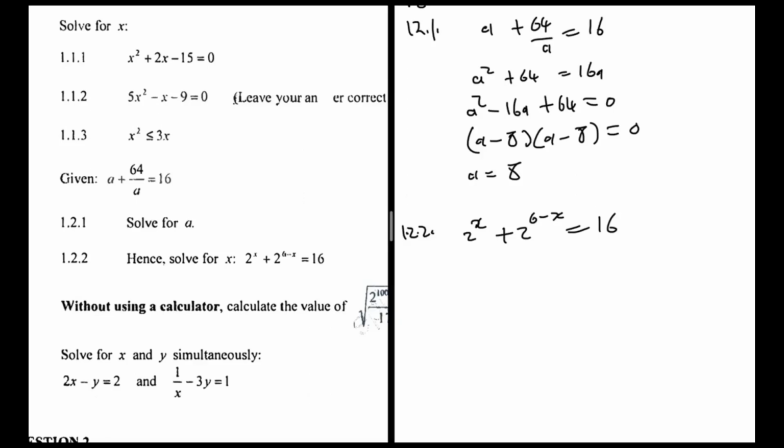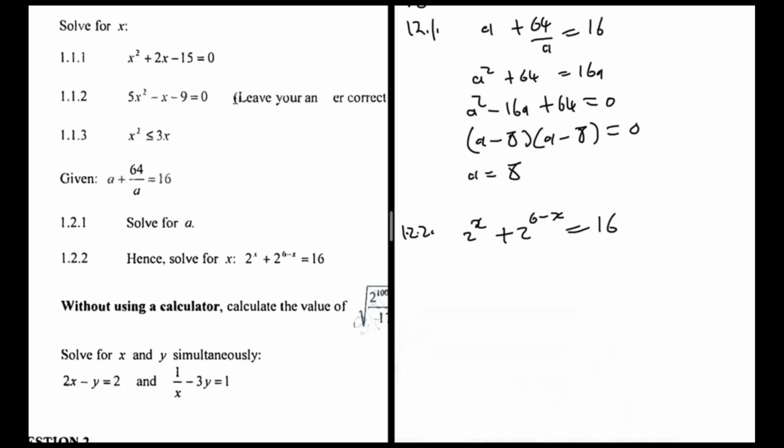Obviously, you can solve it independently of 1.2.1, but I think it will be more challenging compared to if you just apply the same ideas from 1.2.1. So what I realized here in 1.2.2 is that I can write it the same way I wrote 1.2.1. So I can let a basically be 2 to the power of x, right?